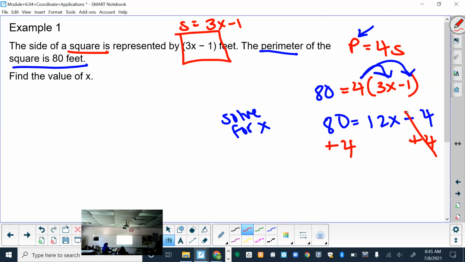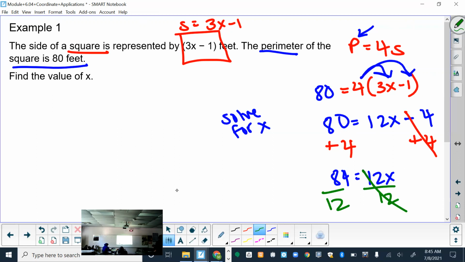This cancels out. Left side is 84, right? Oh, are you going a little bit ahead? No, I was on. Oh, okay. So 84, and then on the right side is 12x. Opposite of multiplying by 12 would be dividing by 12. Good, what you do on one side, you do on the other.